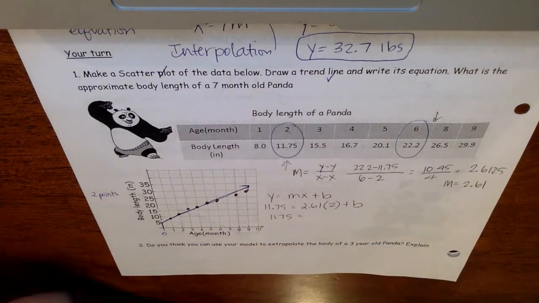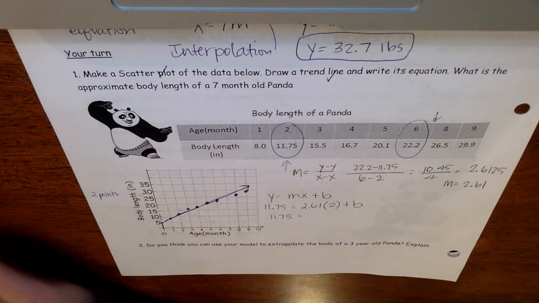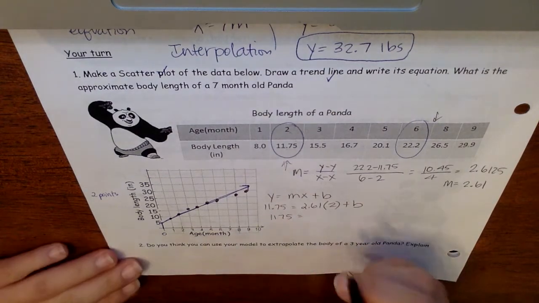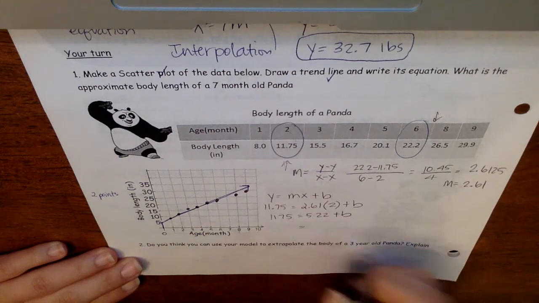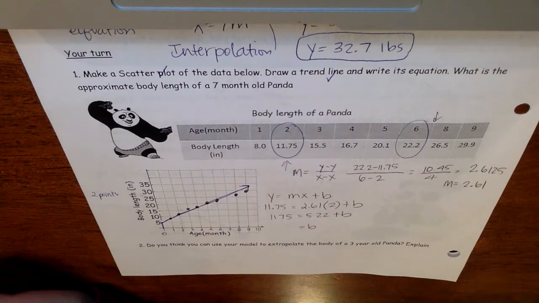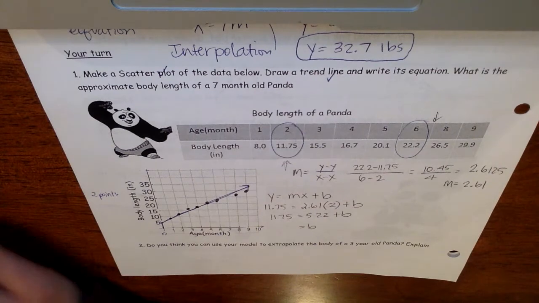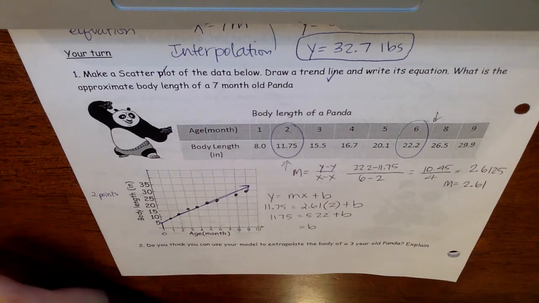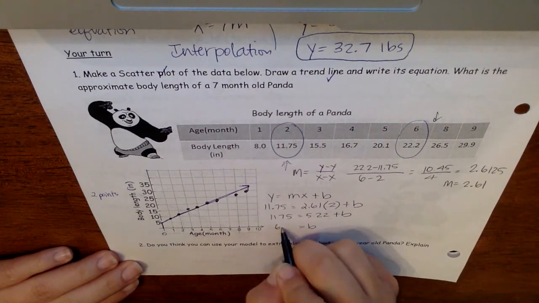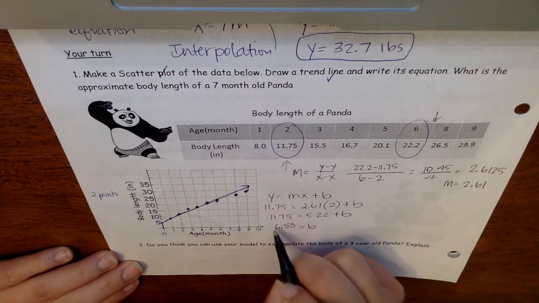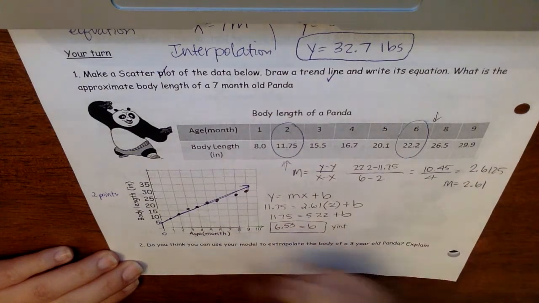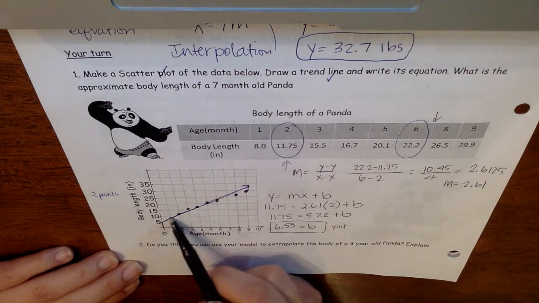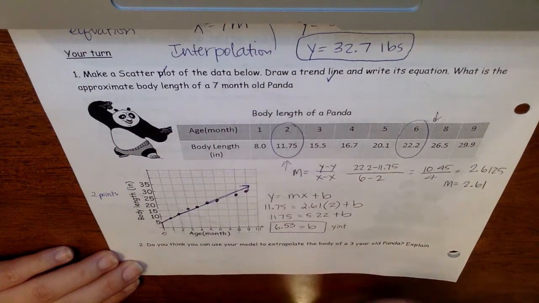We're going to multiply that. 2.61 times 2. Subtract 5.22 from both sides, and we get 6.53 as our y-intercept, and that looks like it could be about right according to our trend line, maybe right above 5.